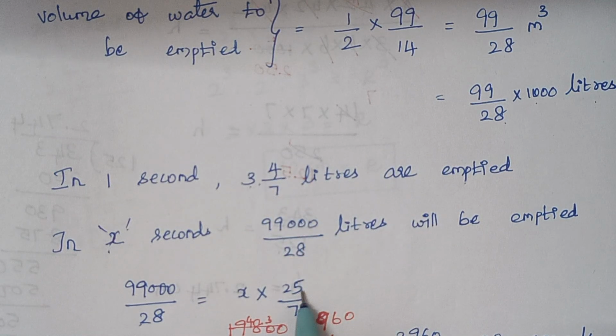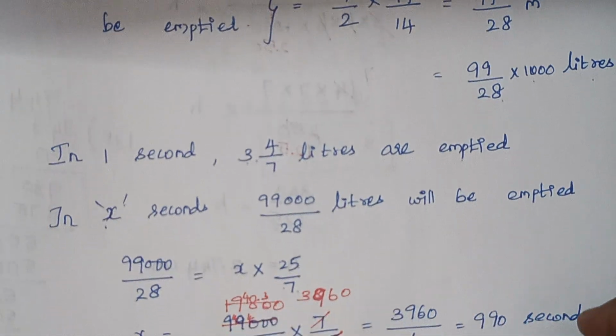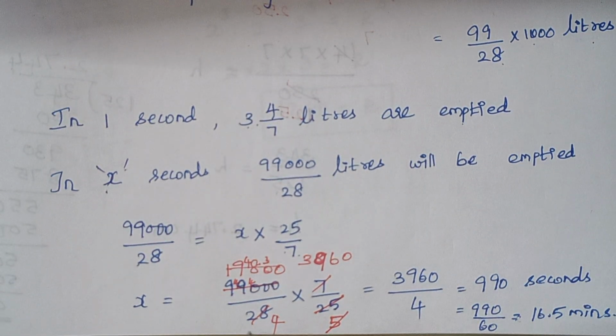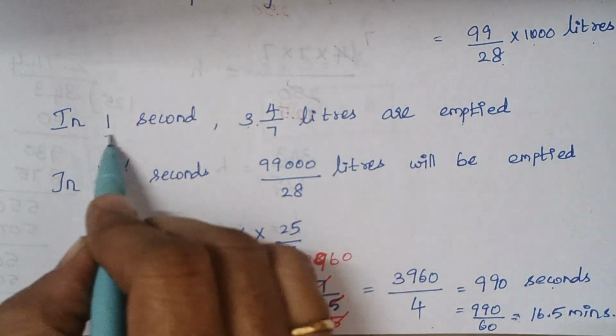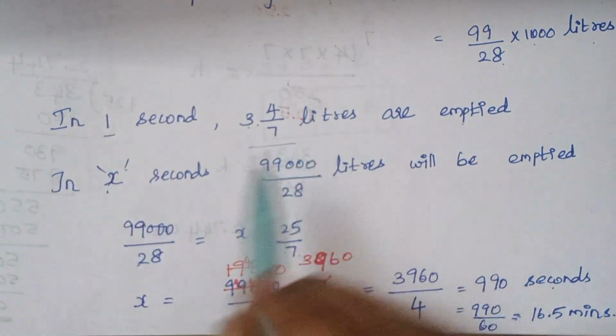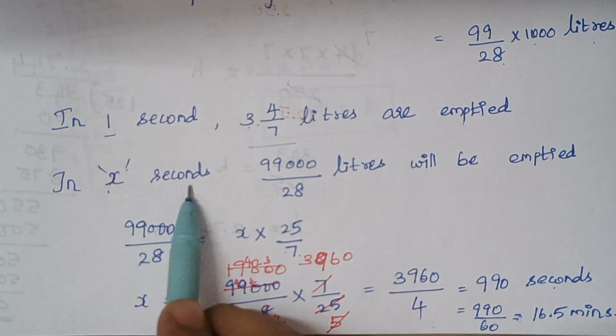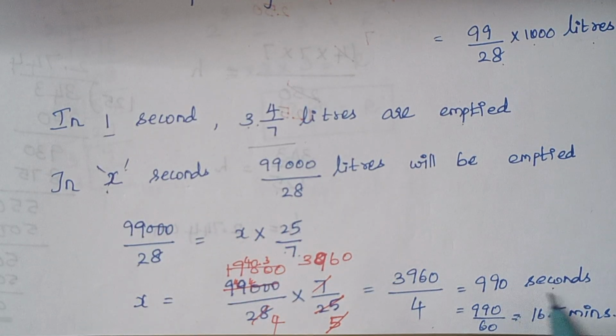To find x, move this term to the left hand side, so it becomes 7/25. When you cancel the common terms, finally we end up with the answer as 990 seconds. In 1 second this much water is emptied, therefore in x seconds, the unit is seconds. So it is 990 seconds.